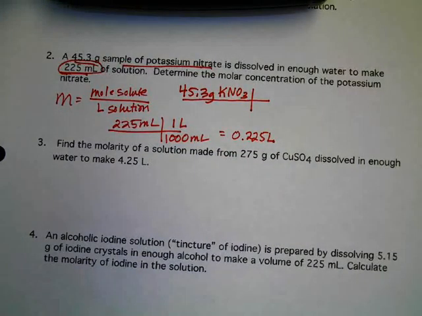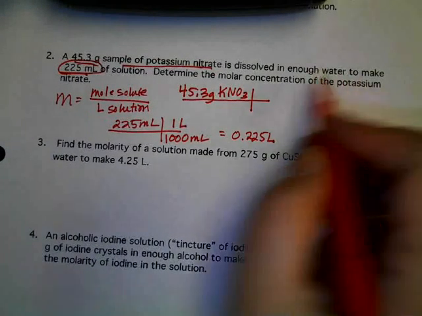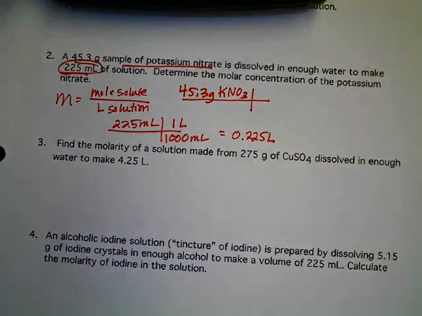And so I need a periodic table. So give me a second. Potassium's mass is 39.1, and nitrogen is 14.01, and 3 oxygens I'm going to add to that, so that's 48.